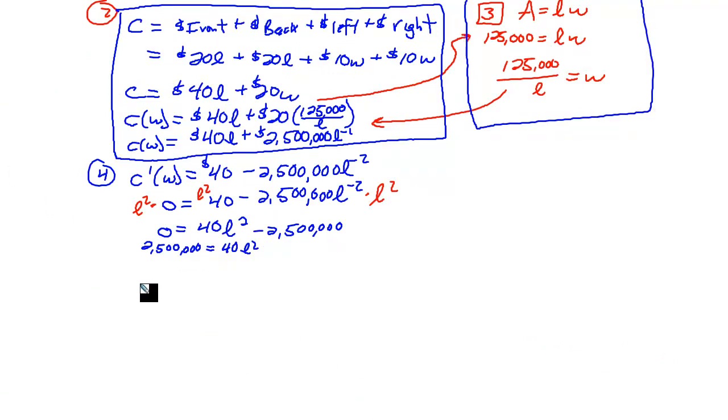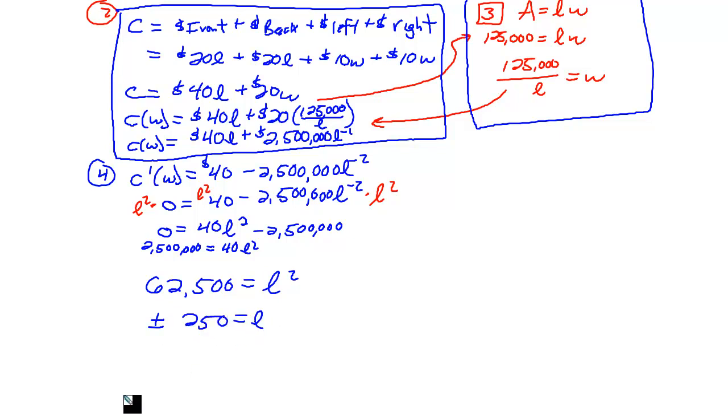If I divide both sides by 40, using a calculator, I get 62,500. Square root both sides, I get plus or minus 250.